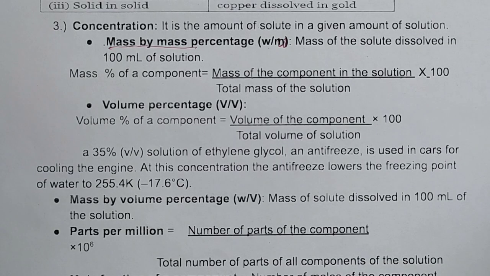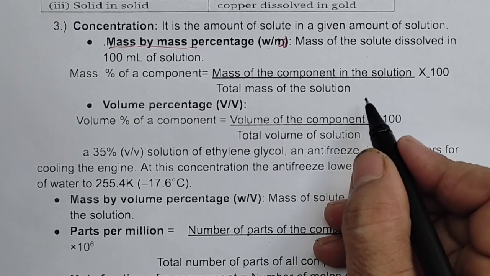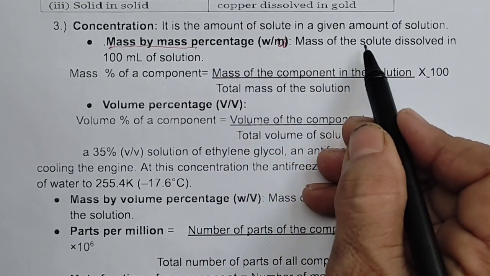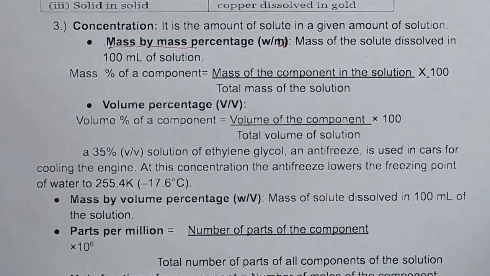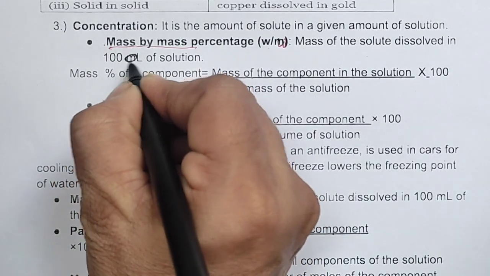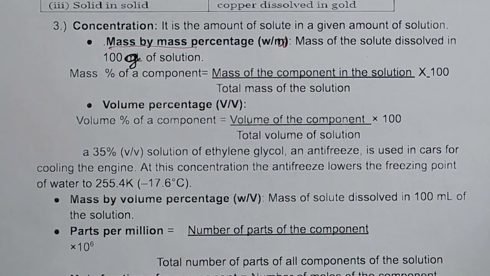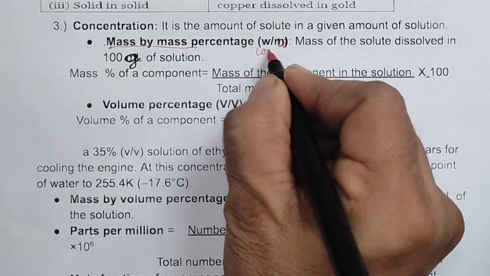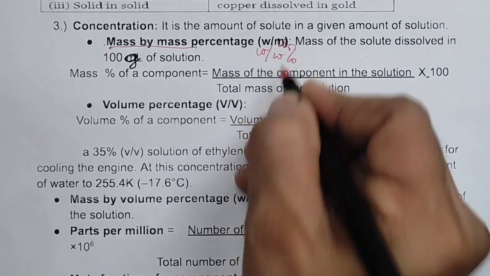That means we talk in terms of mass. It is the mass of the solute dissolved in 100 grams of the solution. That is mass by mass percent, usually written as W by W percentage.